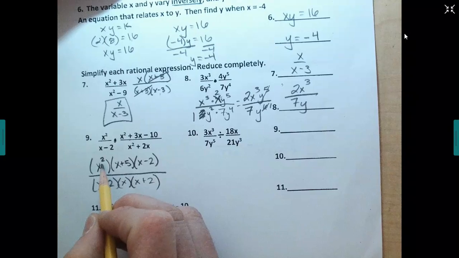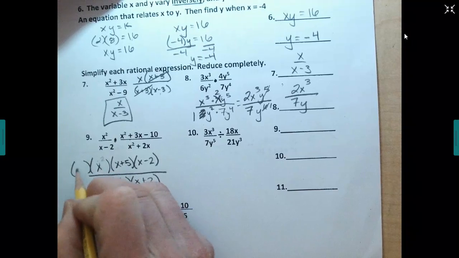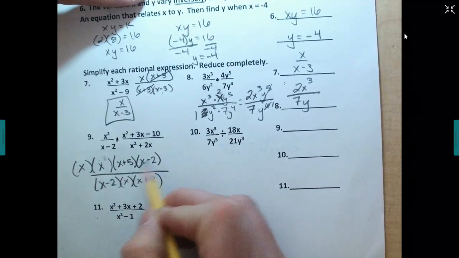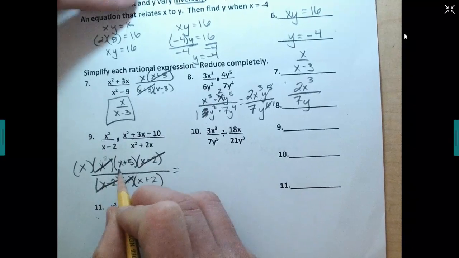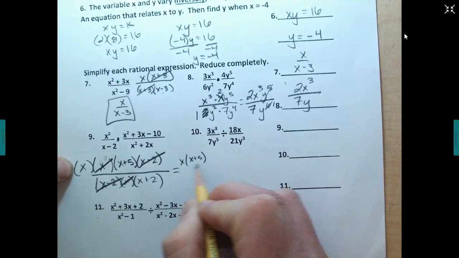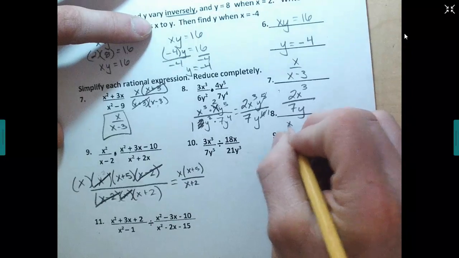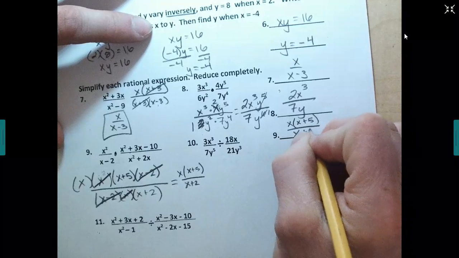Let's see, this x squared, I'm going to change it to x times x, because x squared is just x times x. All right, so I have x minus 2, x, x. So I'm left with x times x plus 5 over x plus 2. So x times x plus 5 over x plus 2.